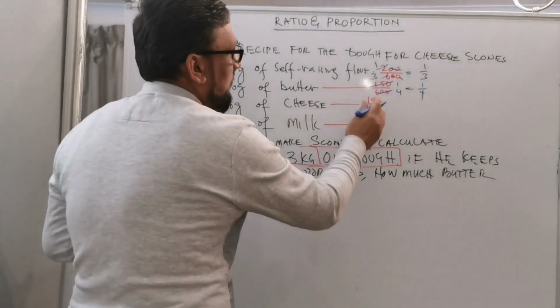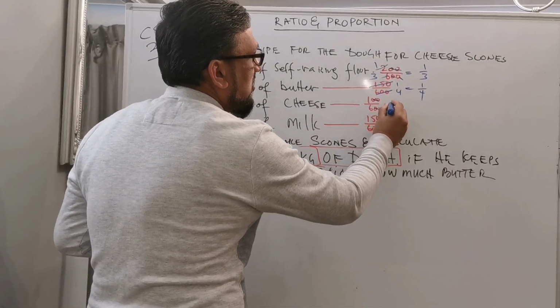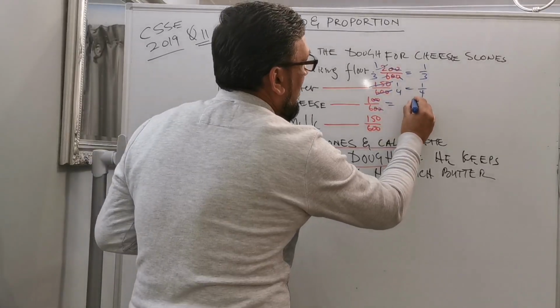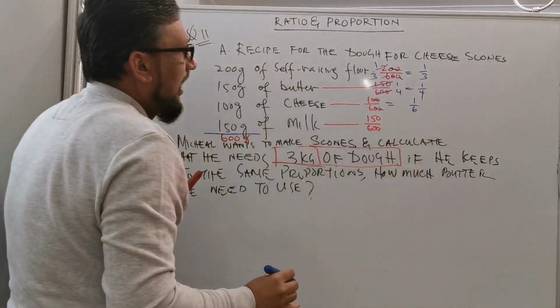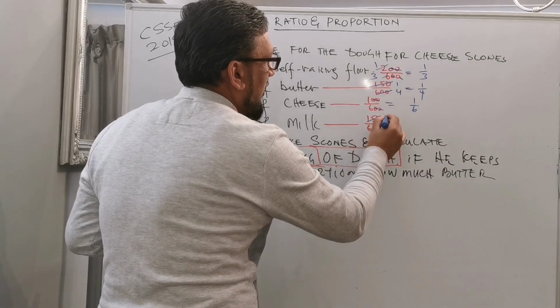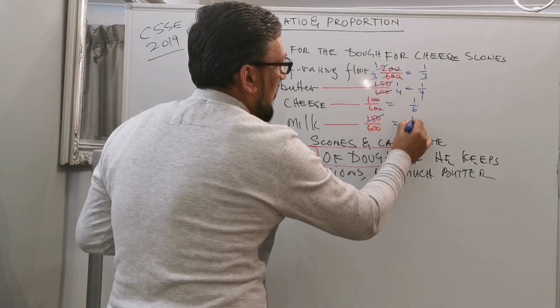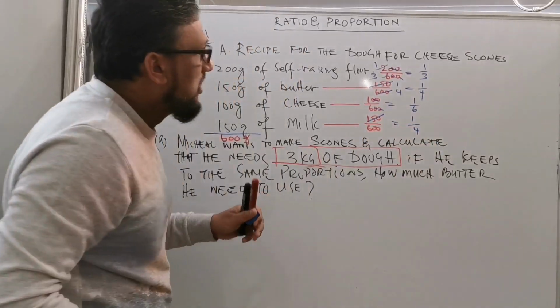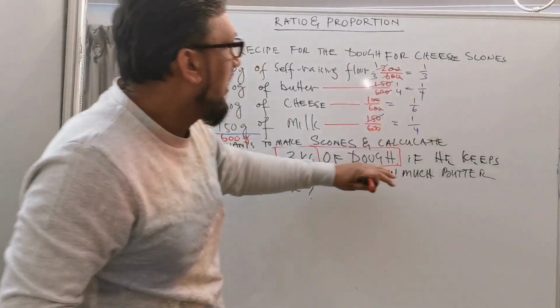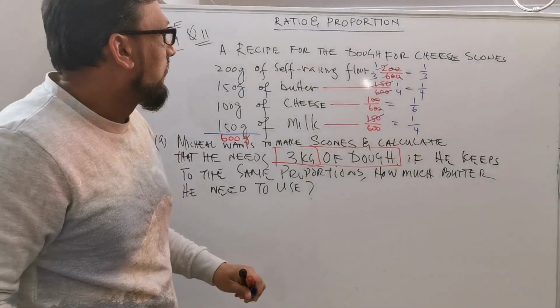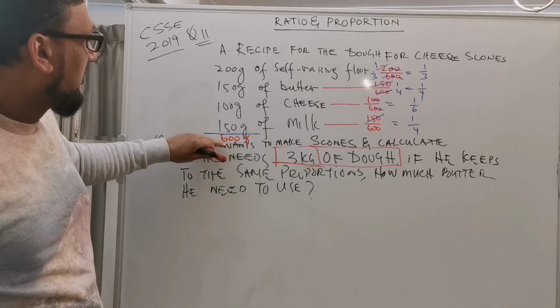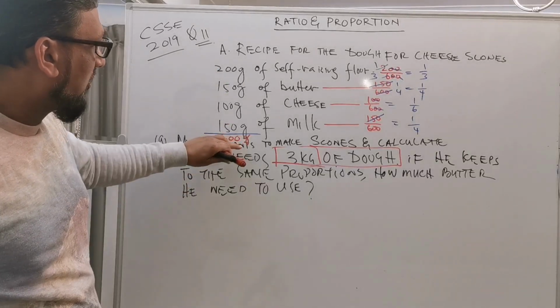And this one, cancel the zeros, is 1/6. And this one is also the same, 1/4.